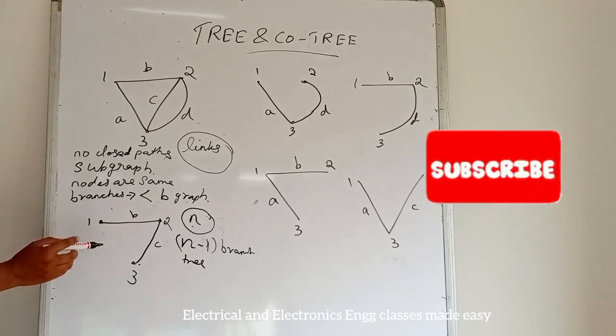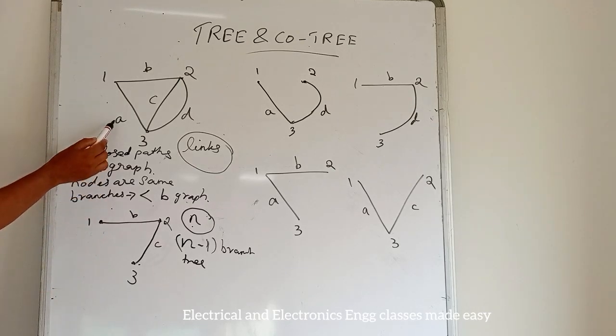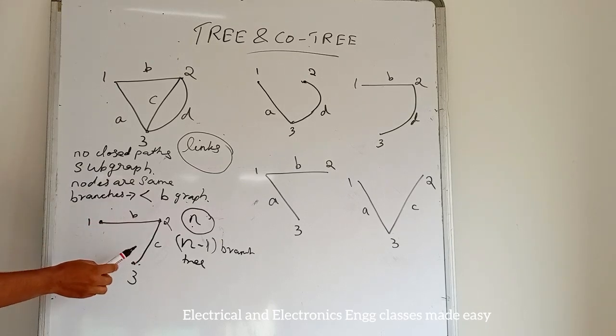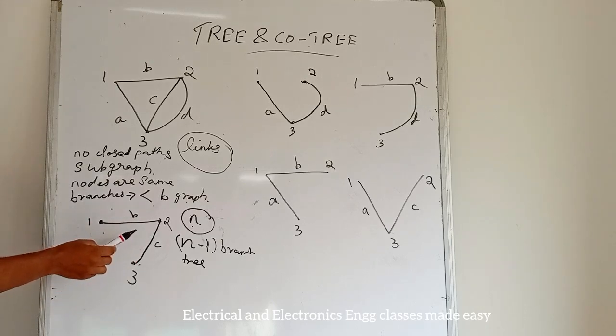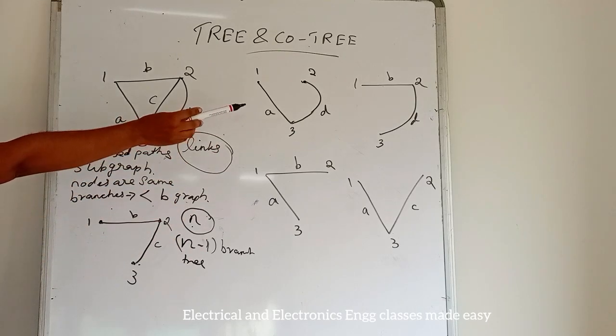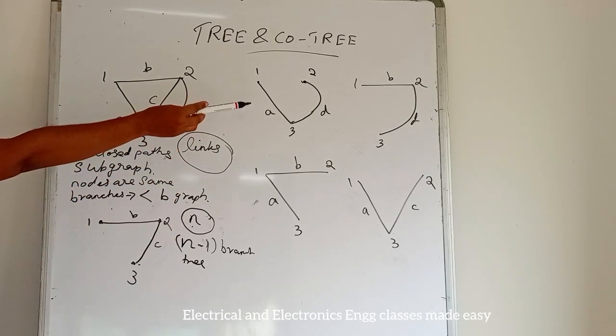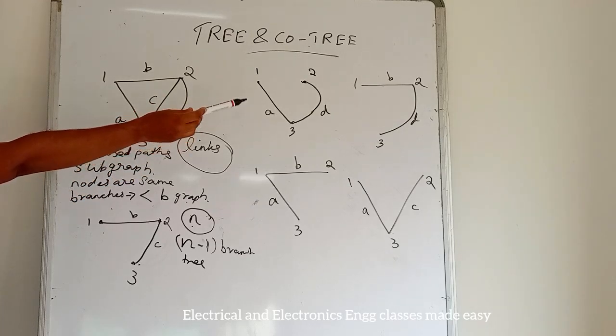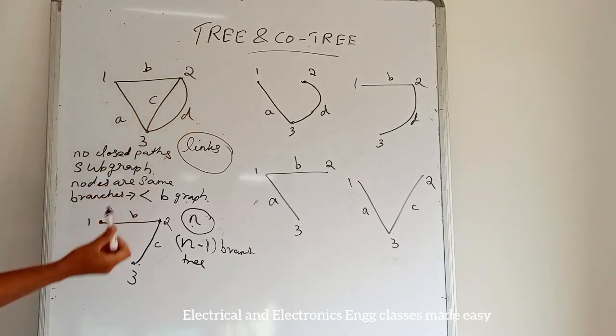For this one, the removed branches are A and D. Hence, A and D are called links for this tree. Similarly, for this tree, the removed branches are B and C. So, B and C are the links for this tree.